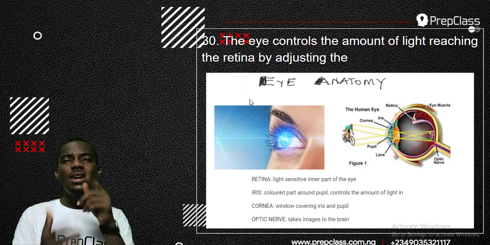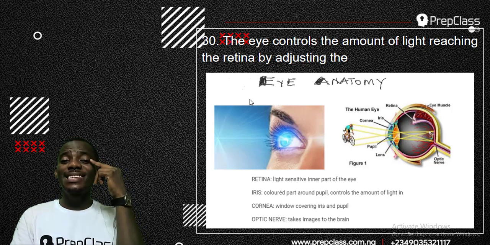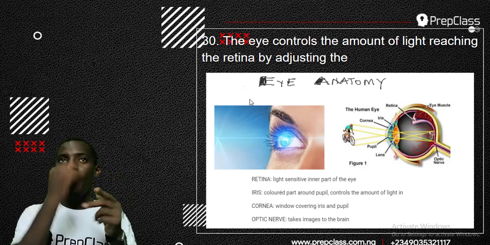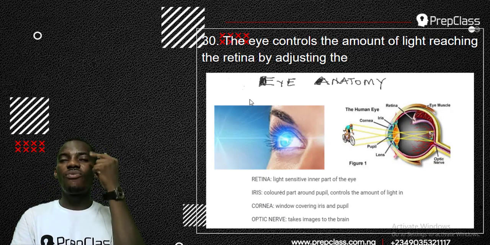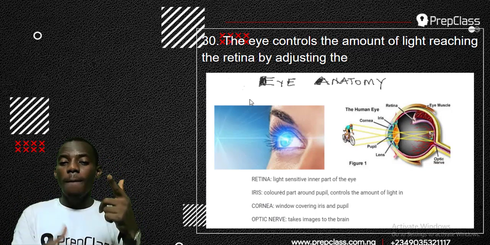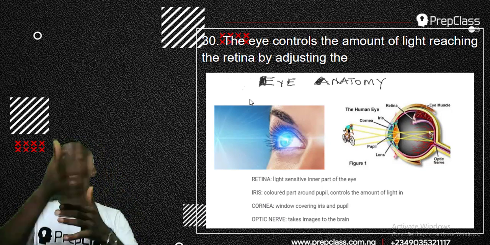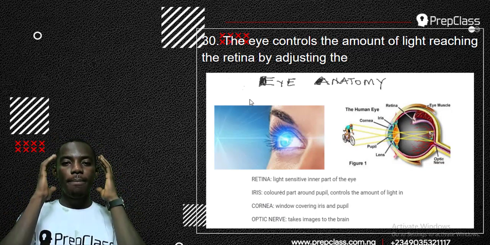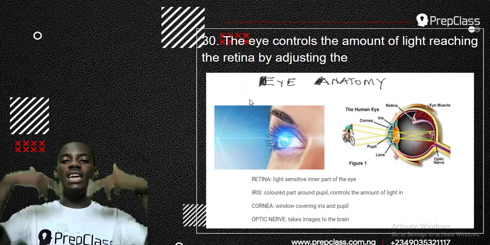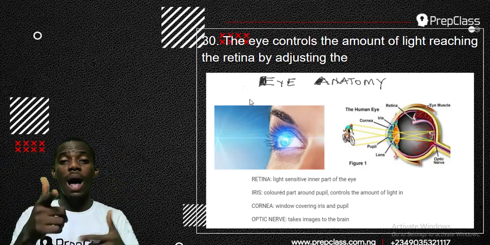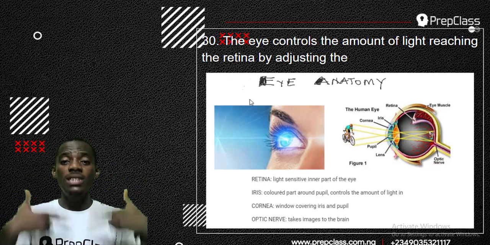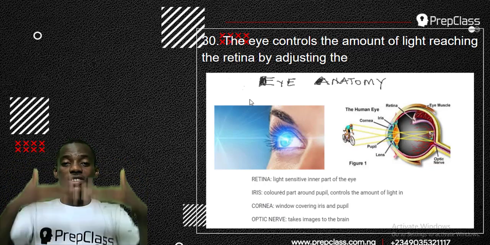That's why if I'm looking at you, in the retina in my eye, you are upside down. So your image is forming at the retina in my eyes upside down. But when it's getting to my brain, it will become upright again. So my brain turned the image of you I'm looking at the right way.